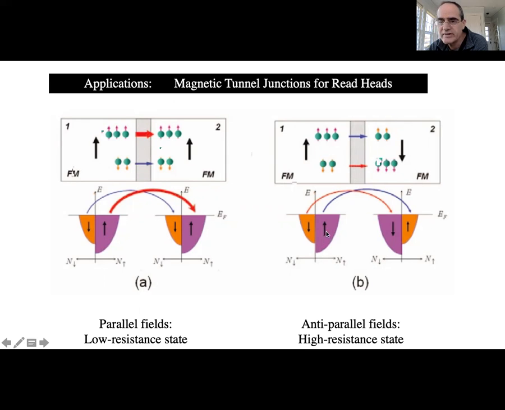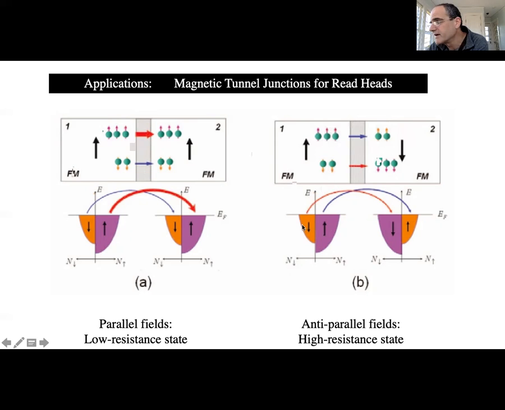Well, now, if we look at the spin-up electrons on the left, we have a lot of these, but because that's the disfavored population on the other side, they don't have very many states to tunnel into. So the tunneling rate, the current for this process will be suppressed relative to that.